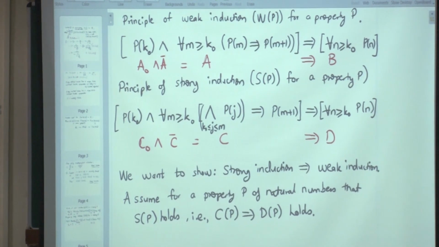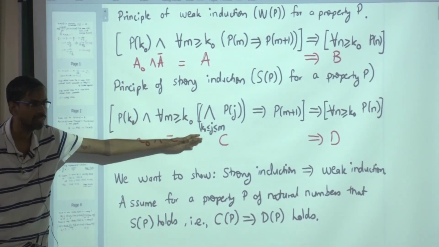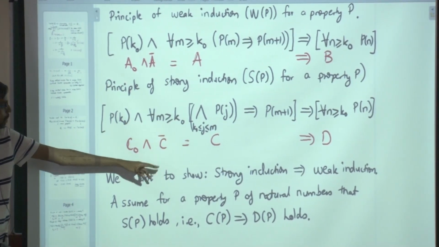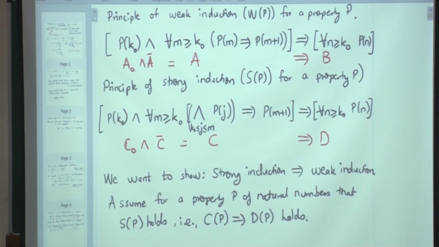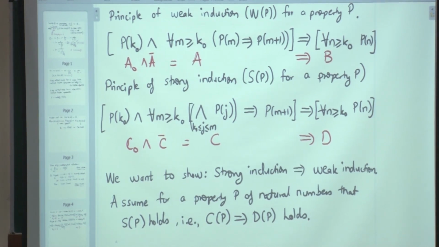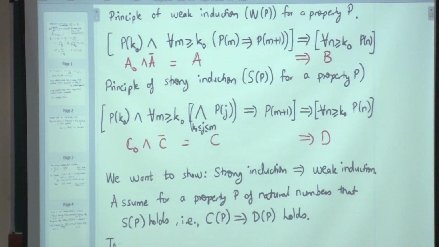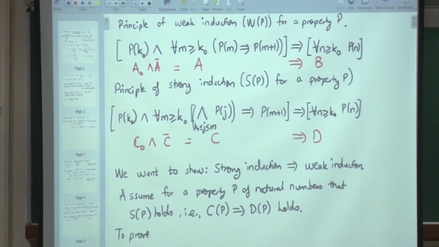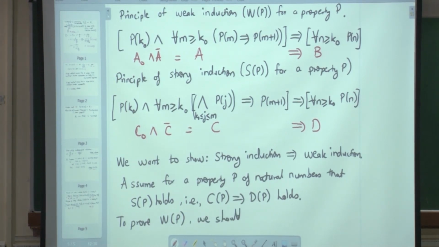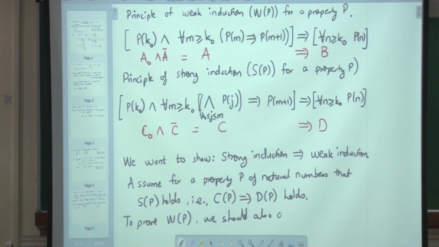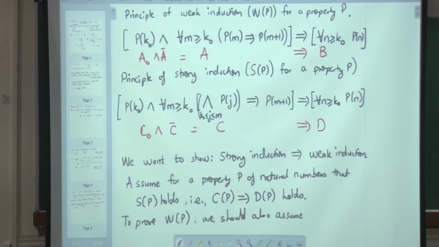C is a statement which has P as a parameter, P as a variable. So therefore I am writing it as C(P) implies D(P). You agree with that? Okay. And to prove weak induction, to prove W(P), we should also assume, what should we assume? A of P.